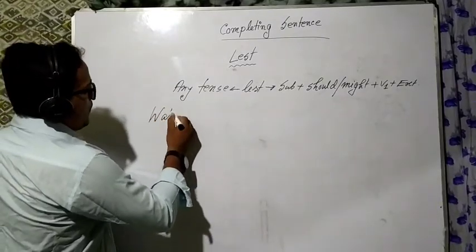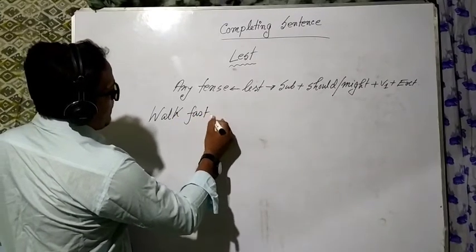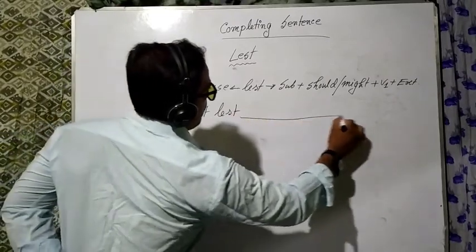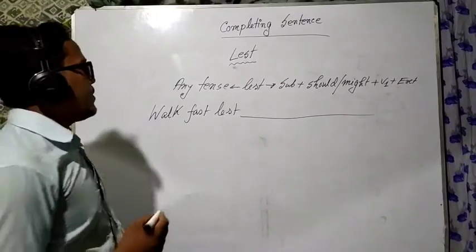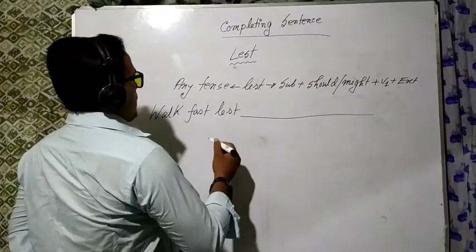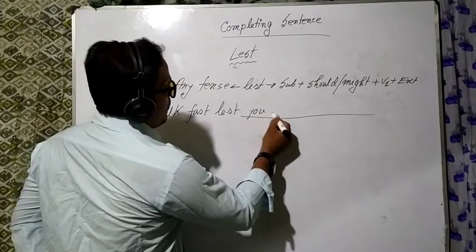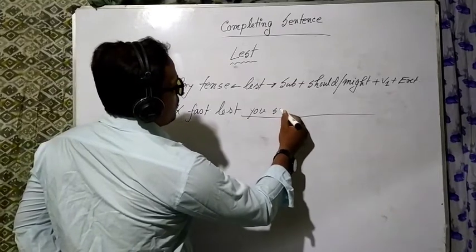Walk fast, lest. What will be the another clause? We have to use subject. Subject will be you. Then we can use should or might. You should.